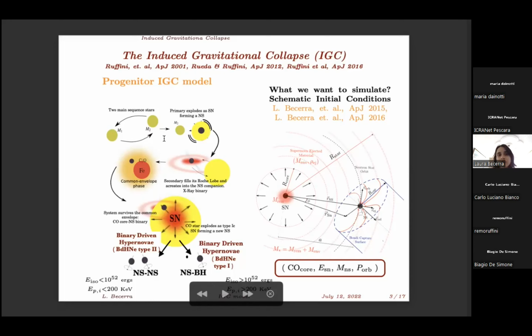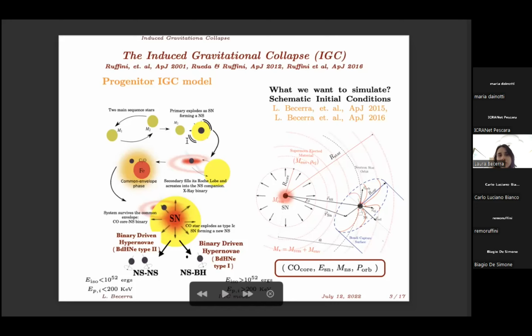The most massive star will collapse first and will leave a neutron star as a remnant. So the system will be formed by a neutron star and the secondary main sequence star.